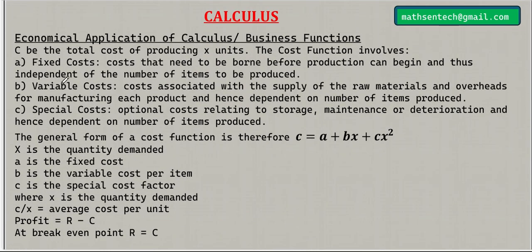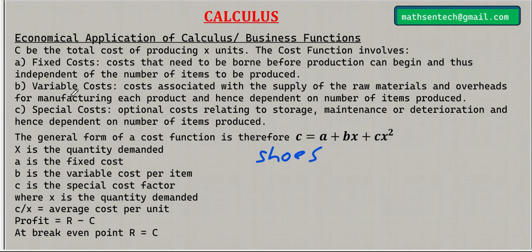Then let's go now to C. So C is the total cost of producing X units. So remember, when there is revenue, there must be costs and there must be profits. So now what is C? C is the cost. So again, assuming you're having a shop and you're selling shoes, there's a price that you actually buy the shoes.